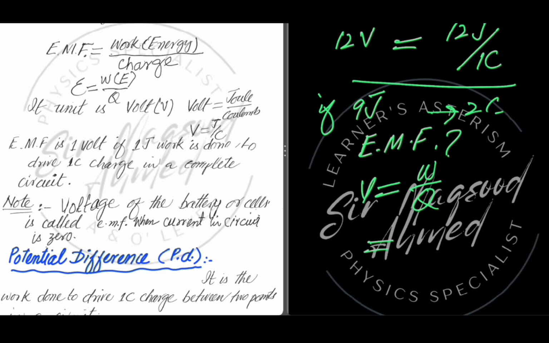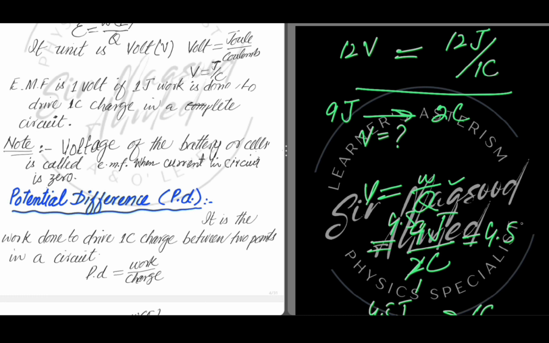Here the work done is 9 joule and the charge is 2 coulomb. So our answer is 4.5 joule per coulomb. 4.5 joule per coulomb means 4.5 volt. So our E.M.F is 4.5 volt.